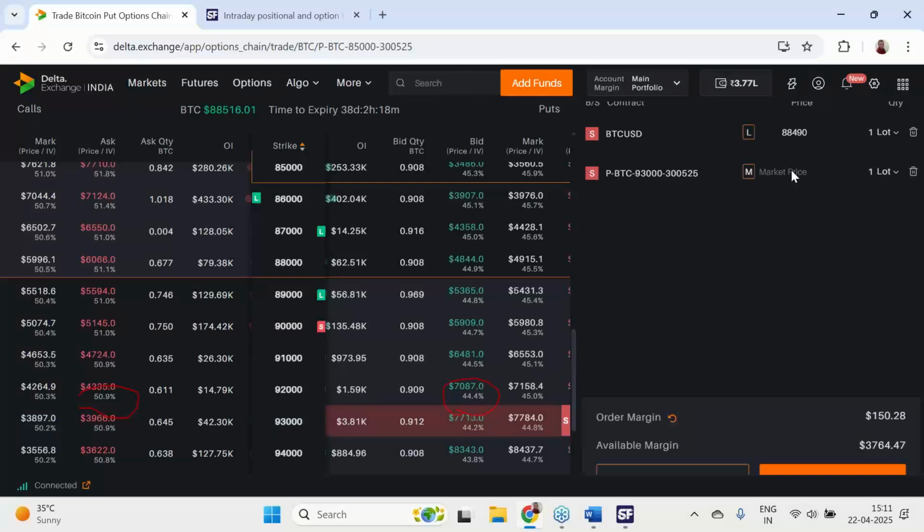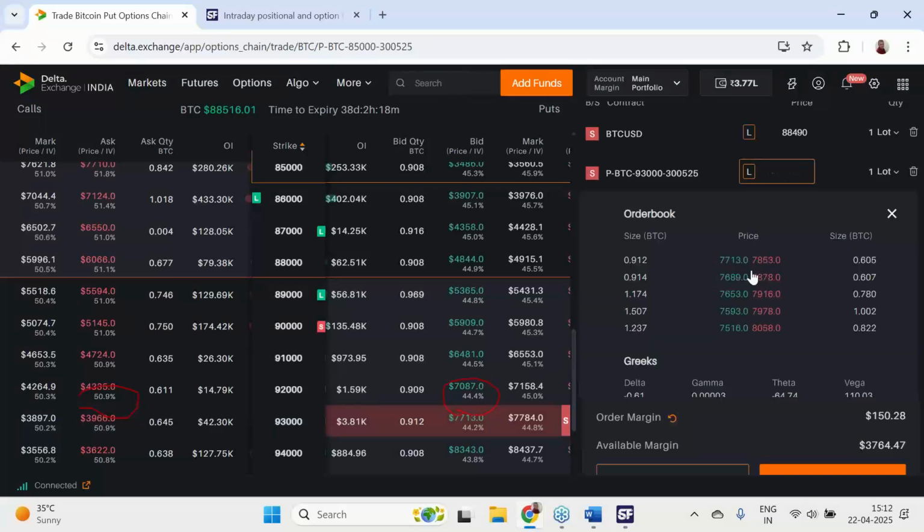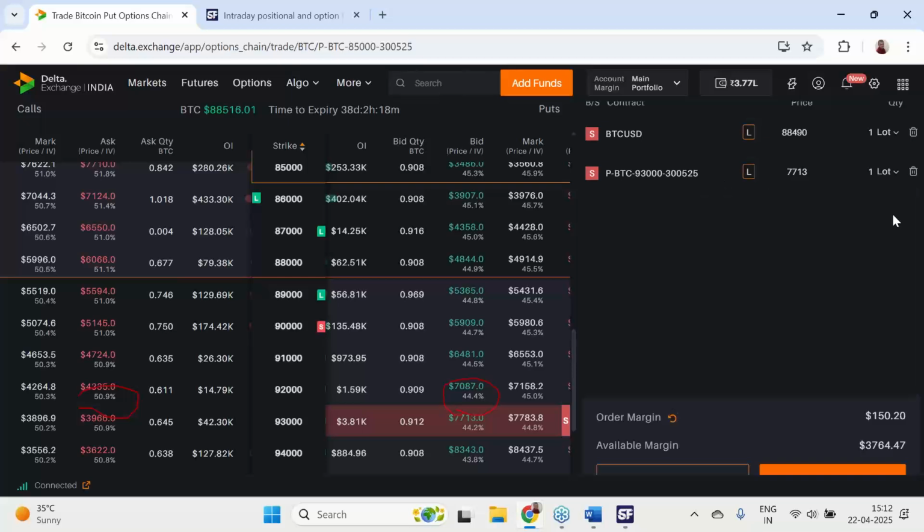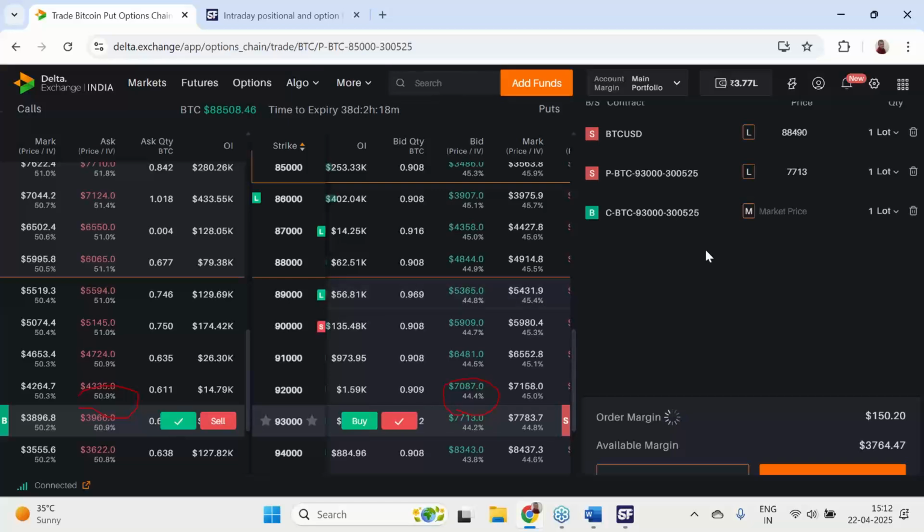So can I see this 93,000 put option, if I sell one lot at 7,700 and odd, I can buy two lots of 93,000 call option.